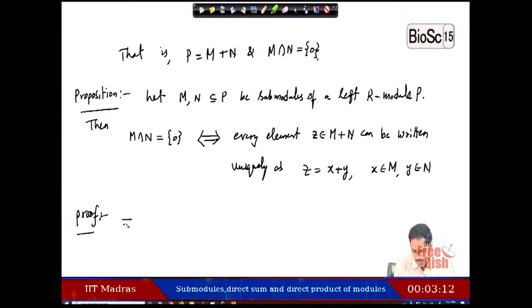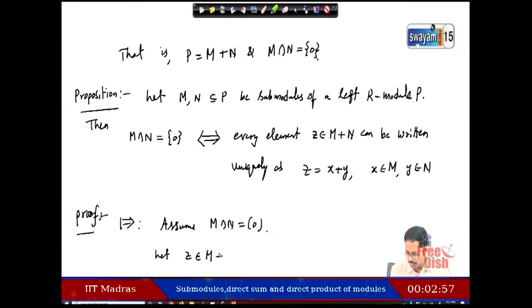Let us prove this implication. Assume M intersection N equals 0. Now let us take an element Z belonging to M plus N.